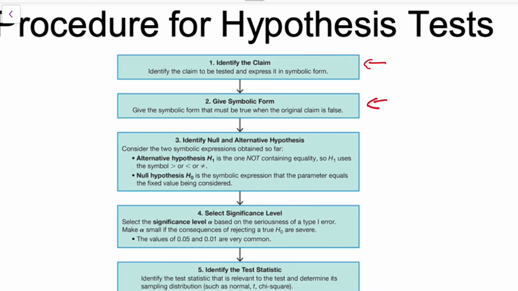We've already done this in that first example, but we'll go through all of these steps in a more formal way later on. The third step is we need to build the alternative hypothesis and then the null hypothesis. The alternative hypothesis is the one that does not contain the equality, whereas the null hypothesis is the hypothesis that does contain equality.